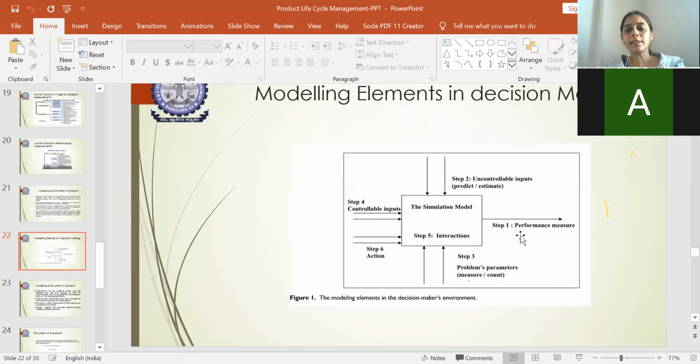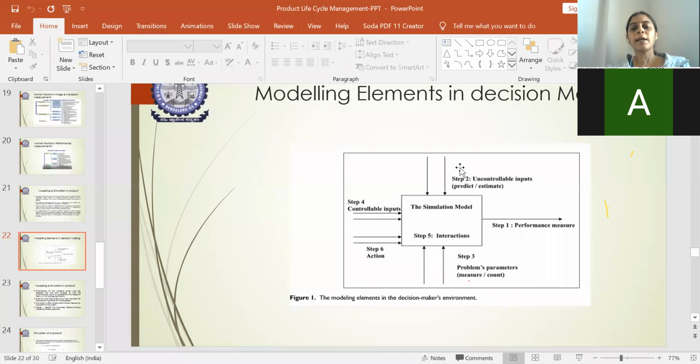The first step is performance measure. The performance measurement of the product will be associated in step 1. Based on the design, the performance evaluation is run in the simulation and that data will be recorded. Okay, in any performance measurement, you will have uncontrollable inputs and controllable inputs.